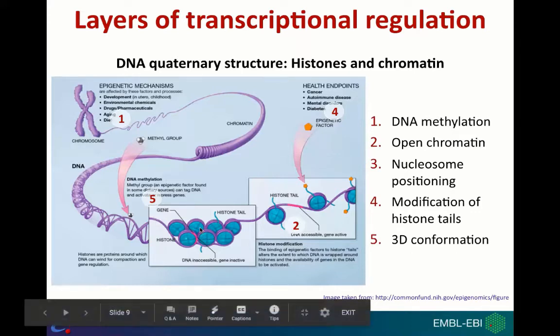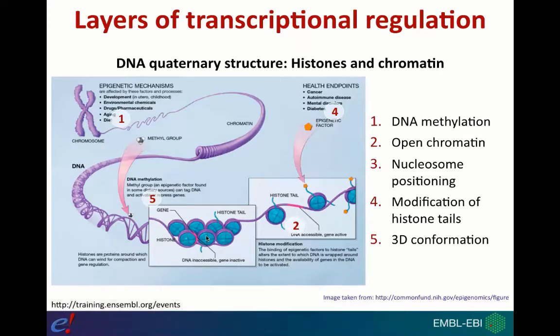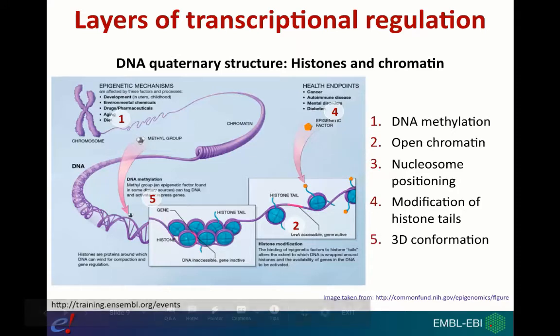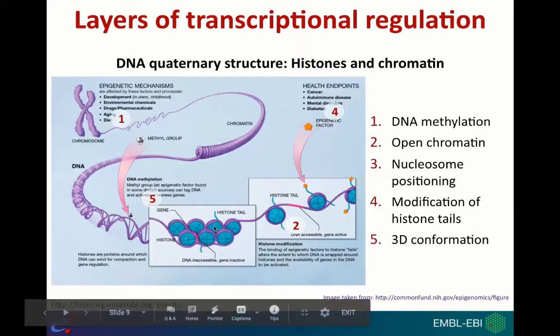One of the other very important things in terms of the accessibility and binding of the transcription factor proteins to their DNA motifs is the positioning and modification of the histone proteins themselves. DNA, as part of its packing and condensation, is wound around an octamer of proteins called the histones. It's actually four different homodimers, as you can see in this diagram.